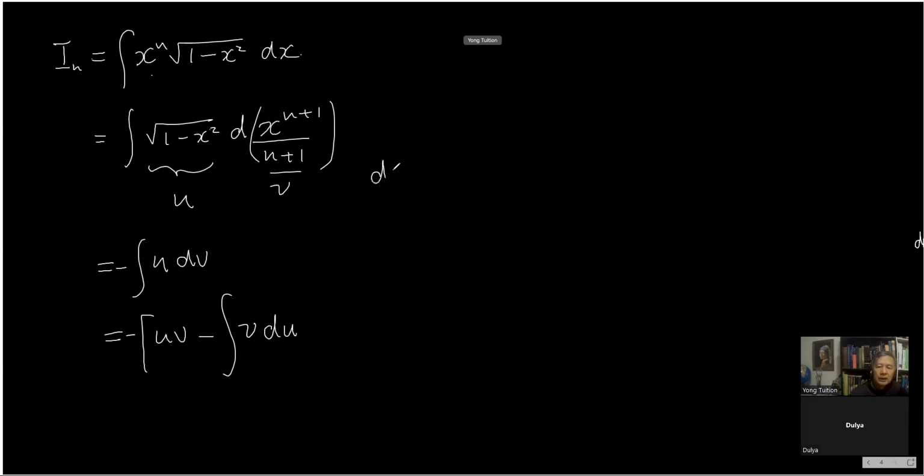Du is equal to half, 1 take x squared to the negative half, and multiply negative 2x, right? We tried this before, did we try this before?